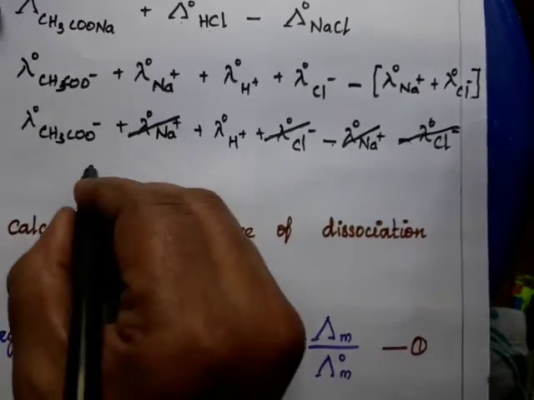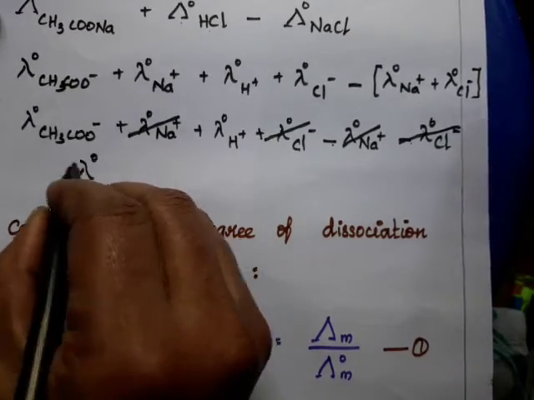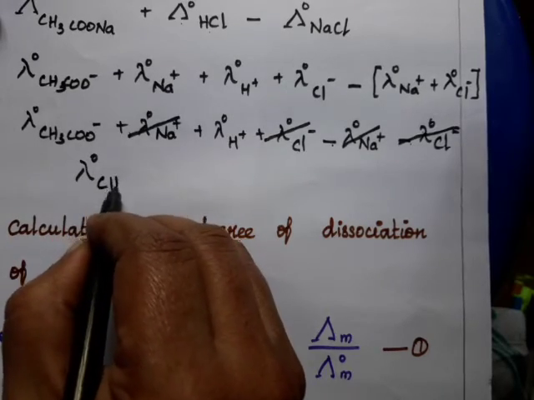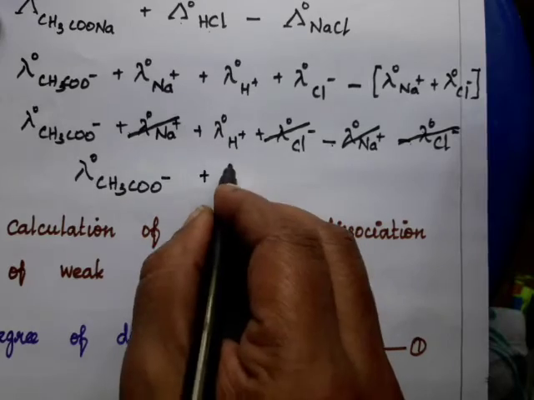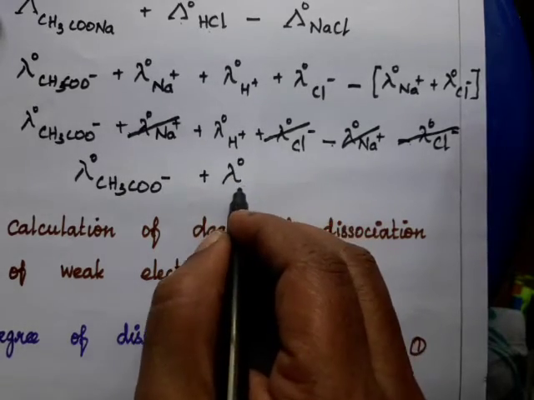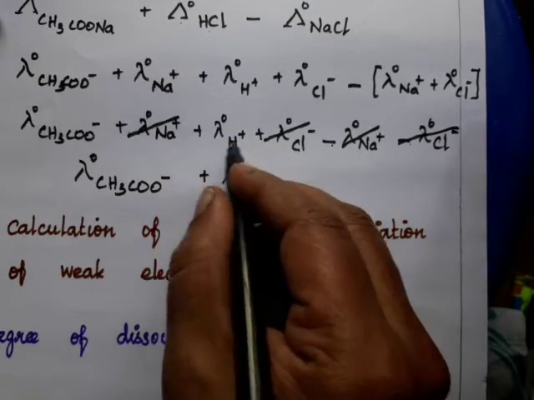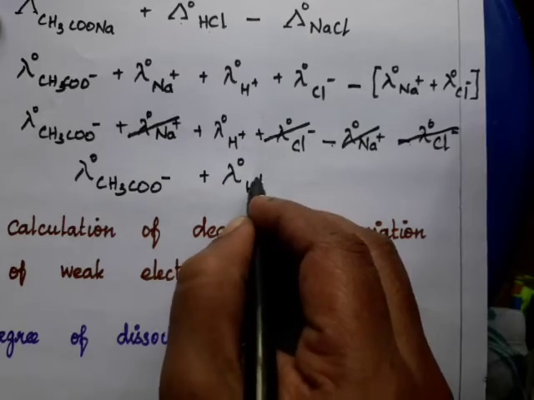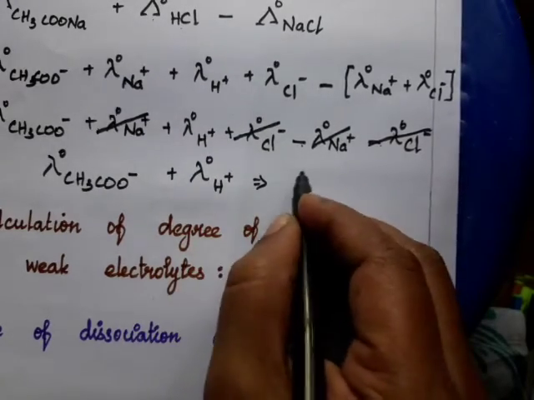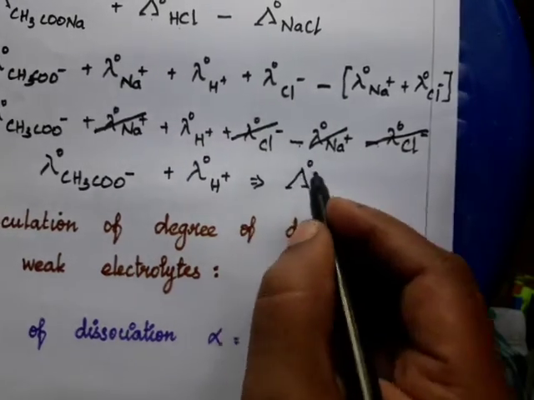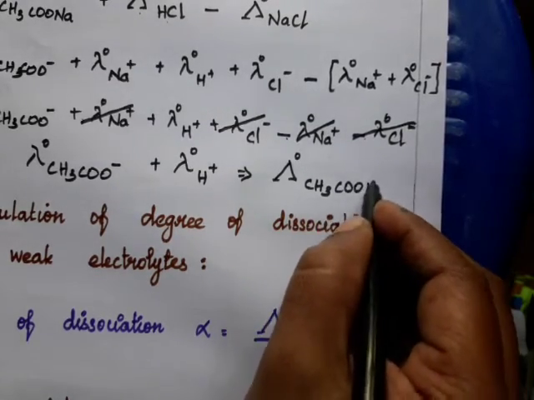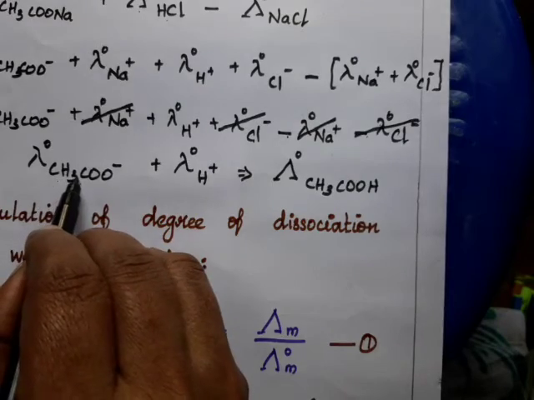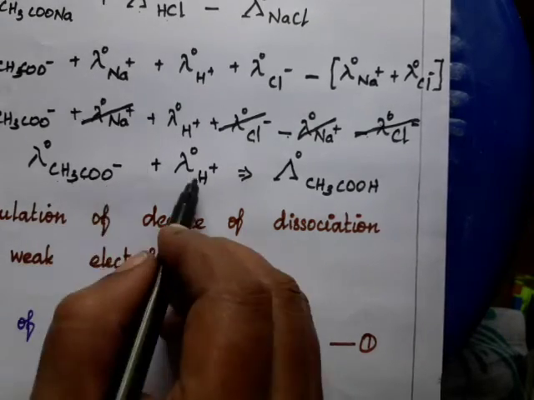So what is remaining? Lambda naught of CH3COO minus plus lambda naught of H plus. Together, that is lambda naught of CH3COOH.